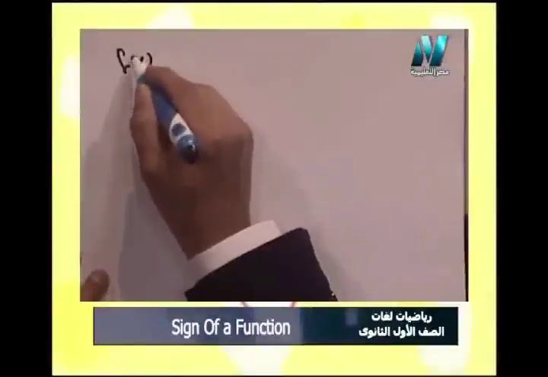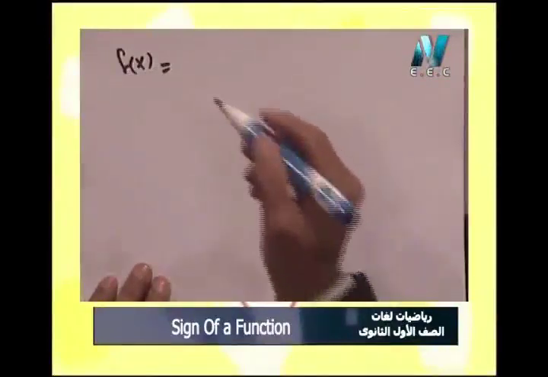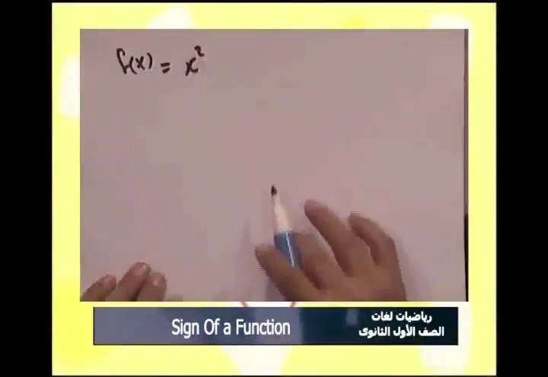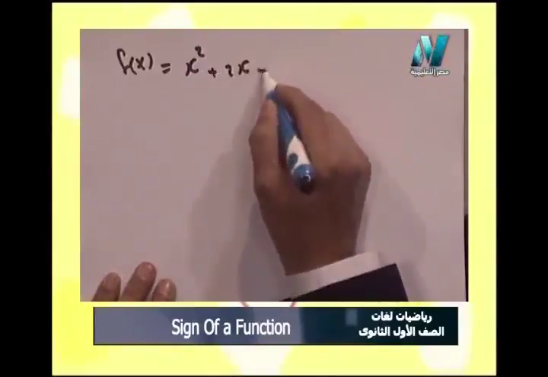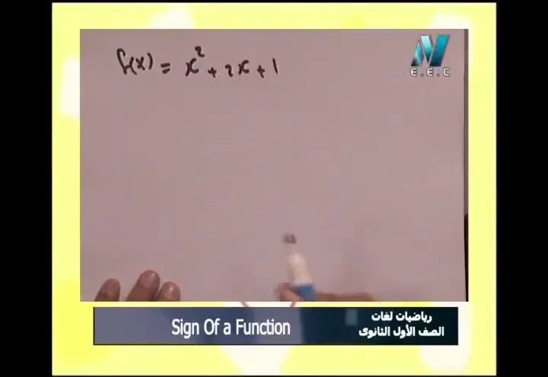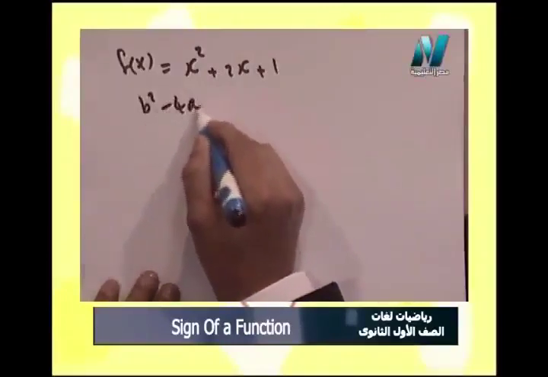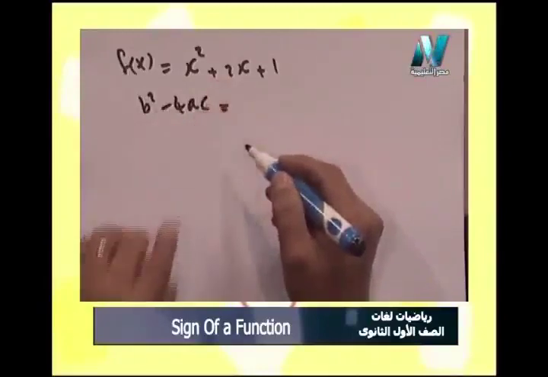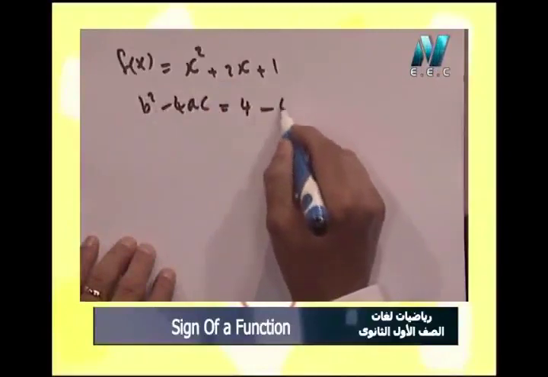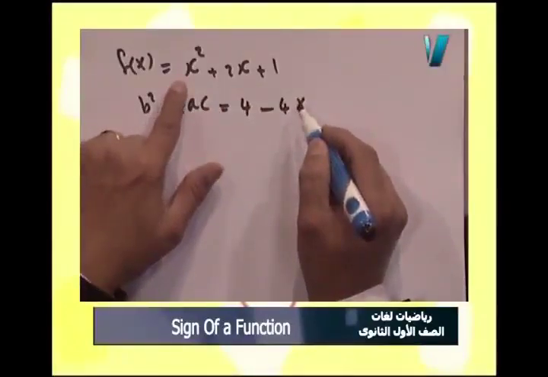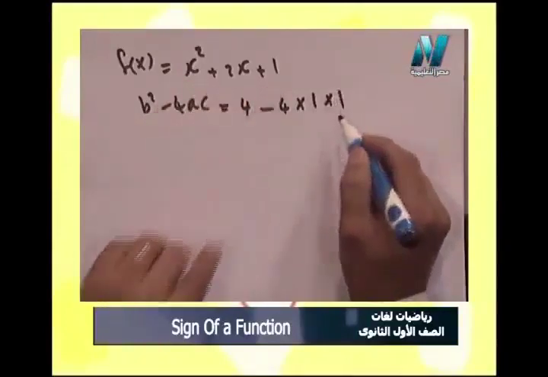If we have here f(x) = x² + 2x + 1, when we would like to find the discriminant b² − 4ac, b here is 2, so b² will be 4, minus 4 times a, which is the coefficient of x² here, which is 1, times c, which is 1.